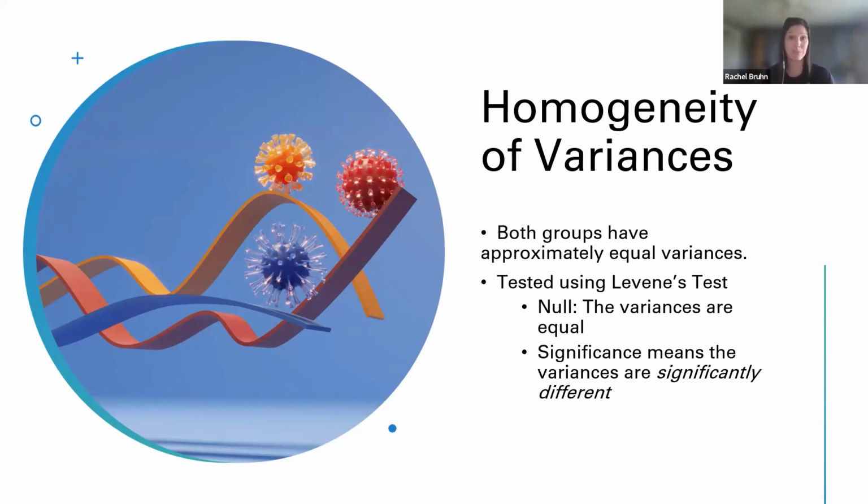Because that means that the alternative is true, which means that the variances are not equal. And that's not our assumption. Our assumption is that they are. So we want non-significance. I always remember in my head, for Levene's test, significance means significantly different, and that violates the assumption. So we do not want significance here.